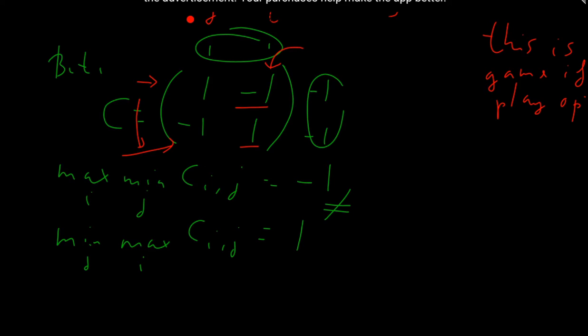But then if player B knows that player A will choose the second row, then player B will choose the first column because the game value decreases, which is exactly what player B wants. And then player A again changes, and then player B again changes, and so on.